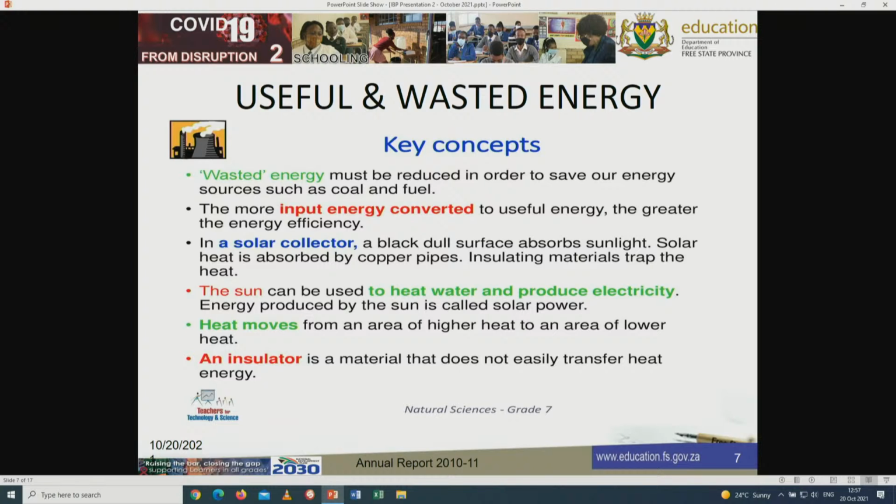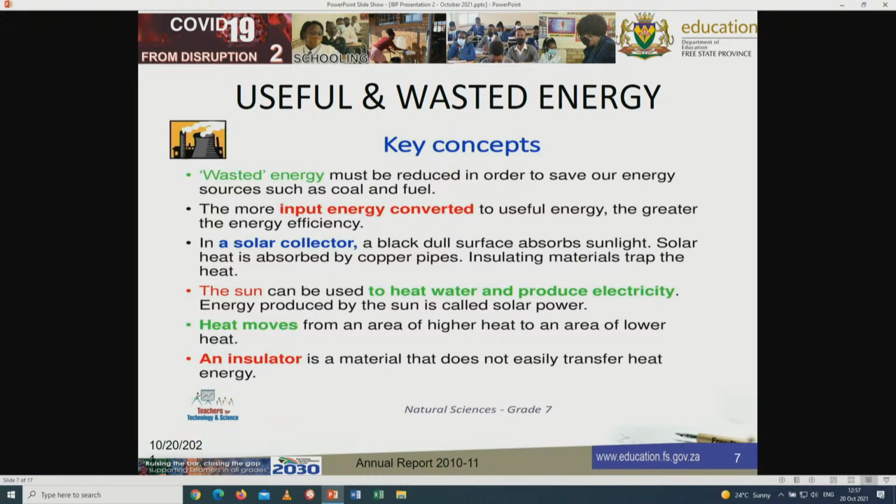We cannot afford to lose too much energy. We cannot afford for that energy to be released to the environment. It is very much important for us to save that energy.